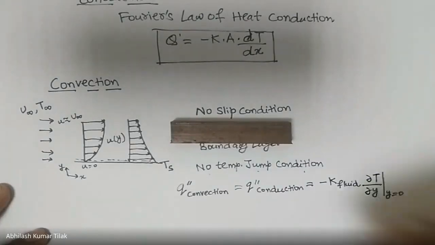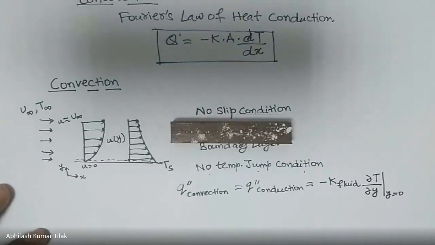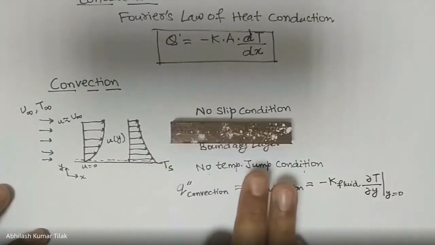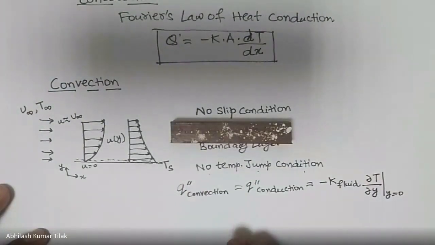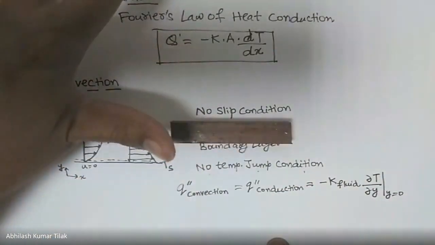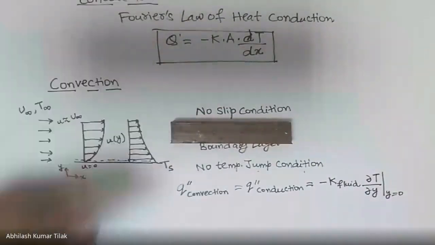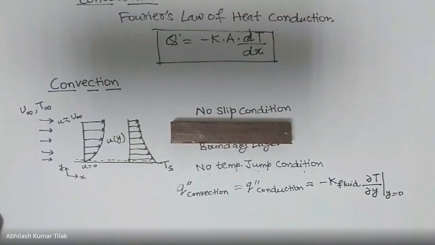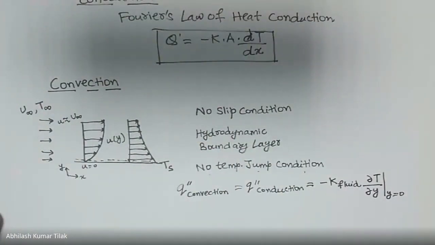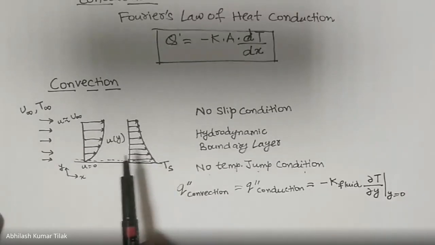I can show you some particles here. This is the fluid layer adjacent to the surface, which has zero velocity. Now if there is a fluid motion, you can see the particles are swept down from this surface and eventually transferred to the fluid flowing over it. So there was a bulk fluid motion which convected the heat away from this fluid layer.